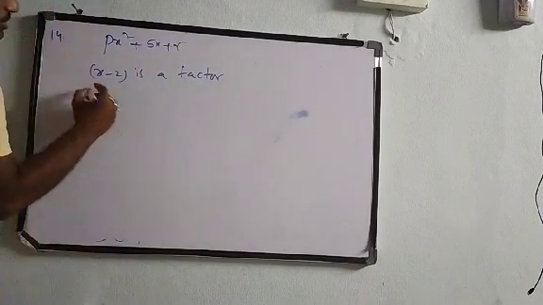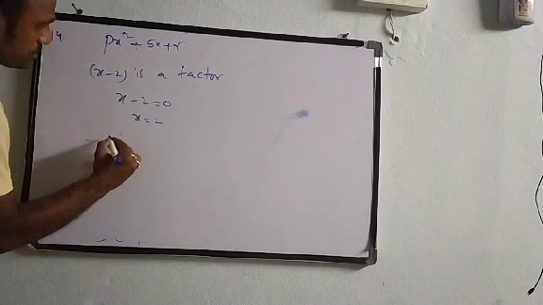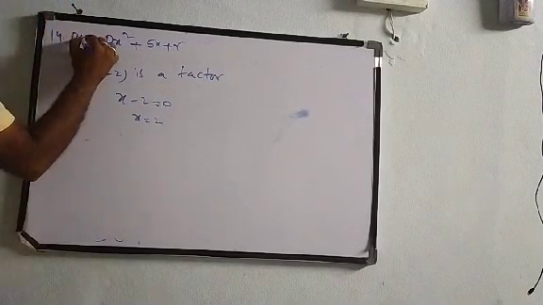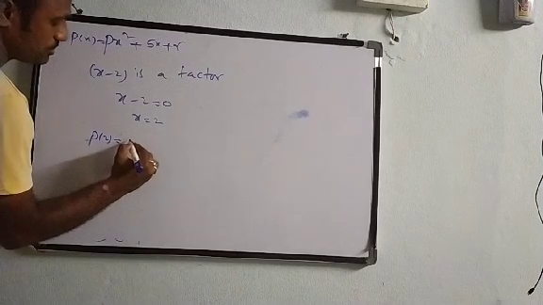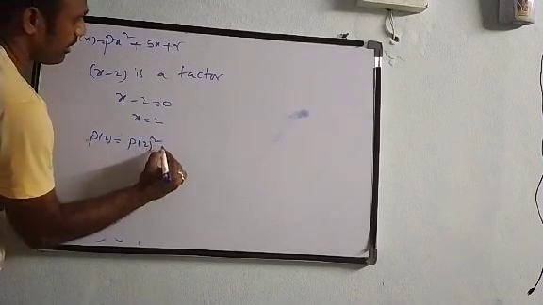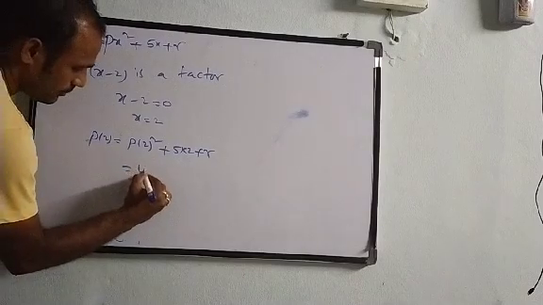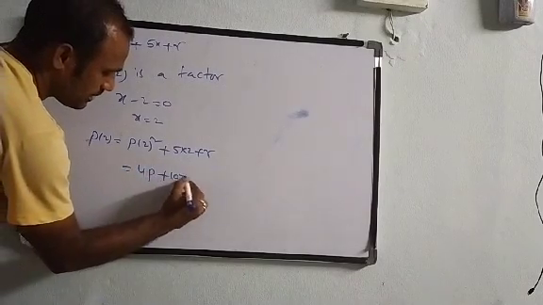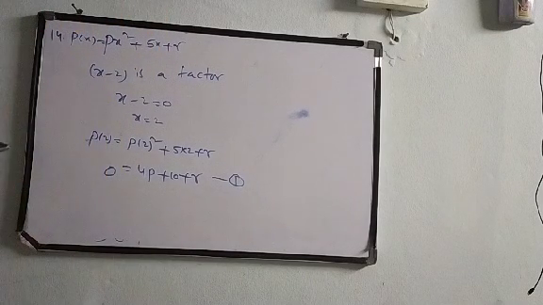So if x minus 2 is a factor, x minus 2 is equal to 0, x is equal to 2. I need to substitute 2 in this polynomial. So p of 2 is equal to p into 2 square plus 5 into 2 plus r, that is 4p plus 10 plus r is equal to 0. Keep this as the first equation.